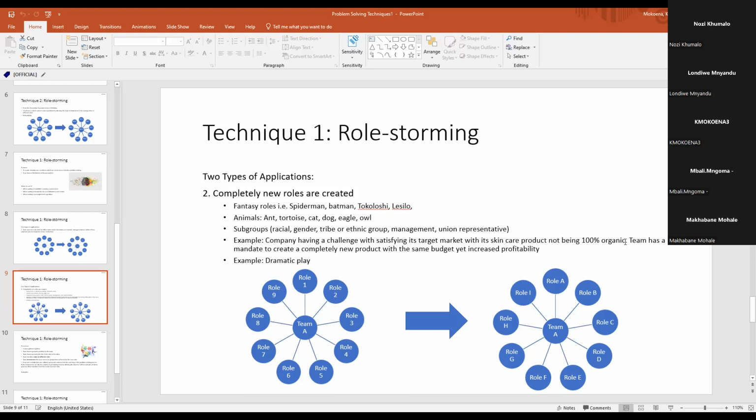So now the team has a mandate to create a completely new product with the same budget, yet increase profitability. So now the team leader can decide, okay, we are going to role play. One will act as a customer, another will act as, just different roles in there. And then hopefully you'll get the creativity that you want.